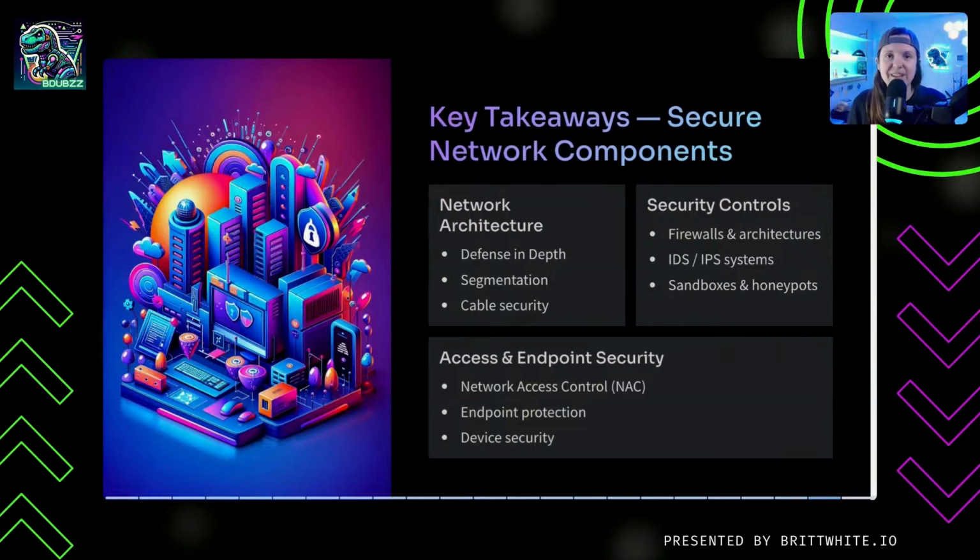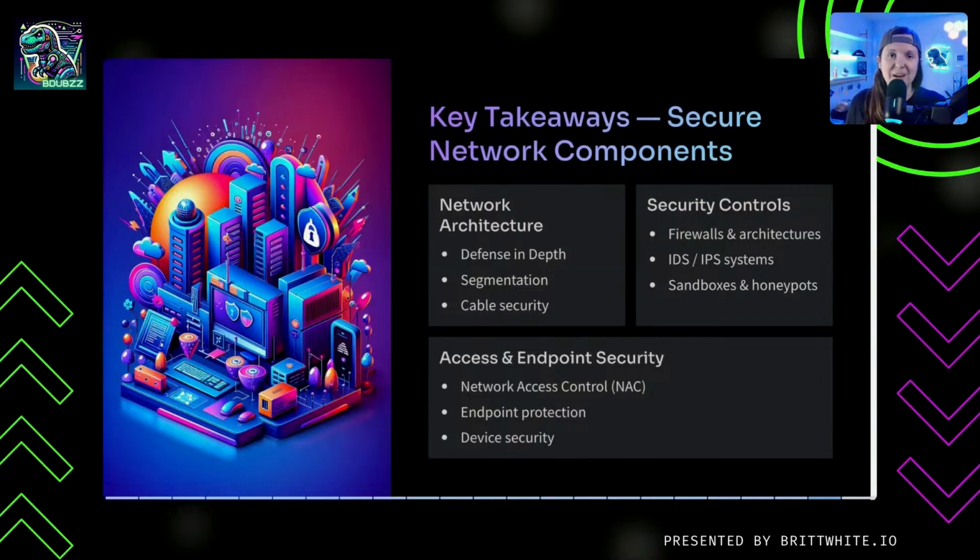Moving on, we examined various firewall architectures, particularly focusing on screened subnets and how they help design our defensive perimeter. Then we explored IDS and IPS systems, which serve as our diligent watchers, detecting and stopping threats as they happen in real time.